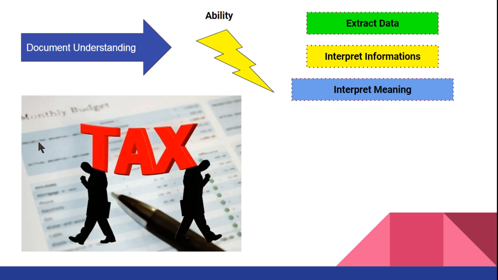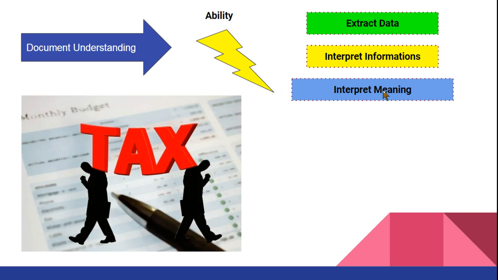You take a document and some data, this means phone number, this means that. That is a pretty easy task. But interpreting information from a paragraph, interpreting meaning from it, interpreting data from a scanned document, that is the whole meaning of document understanding. Document understanding is the ability to extract data, interpret information and interpret meaning from it.